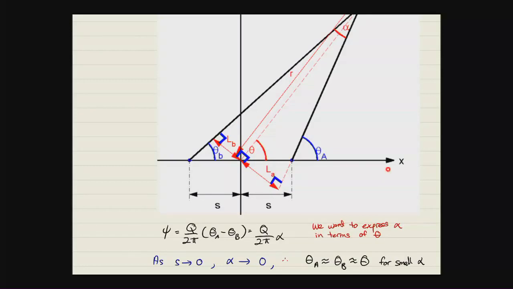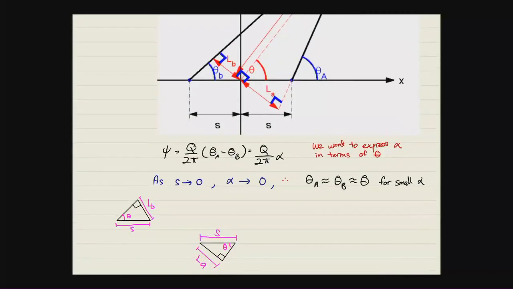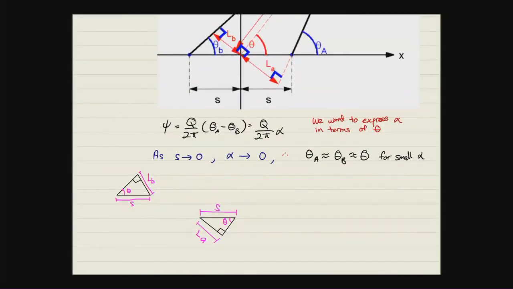Now I'm going to consider this region here, and I've drawn it here. If I consider this region, I'm going to get something that looks like this, and this angle here is theta, because theta A is equal to theta B, which equals theta.